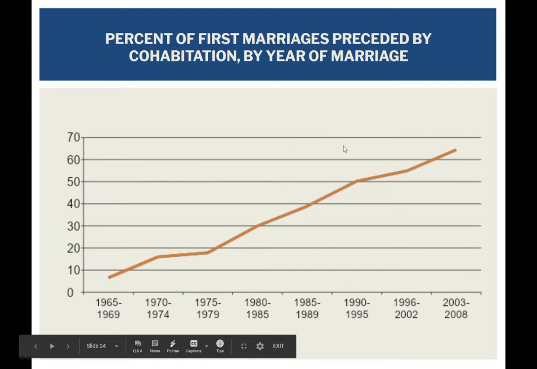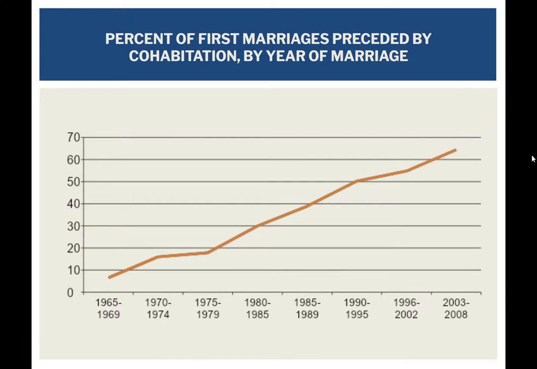This is probably what you're used to calling a line graph or a line chart. Again, we have time on the bottom, every 4 years here. And on the left, on our y-axis, we have the percent of first marriages preceded by cohabitation, based on the year of marriage.